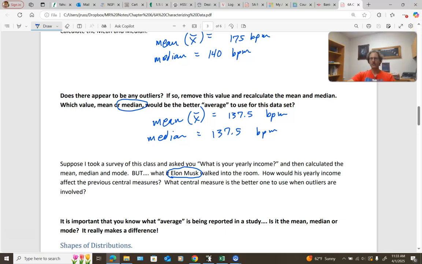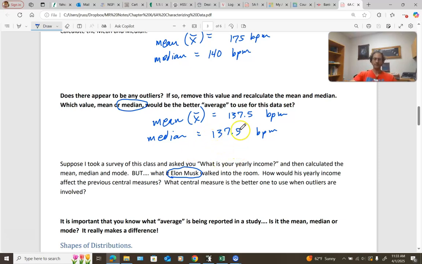Okay, so that's just a hypothetical, but it gives you a real sense of how outliers can really affect the mean. Because our yearly incomes would be in the thousands, and his would not even be in the millions. It would be in the billions.